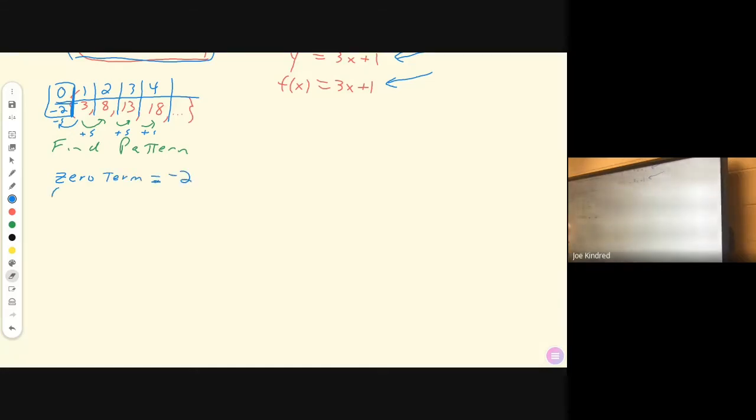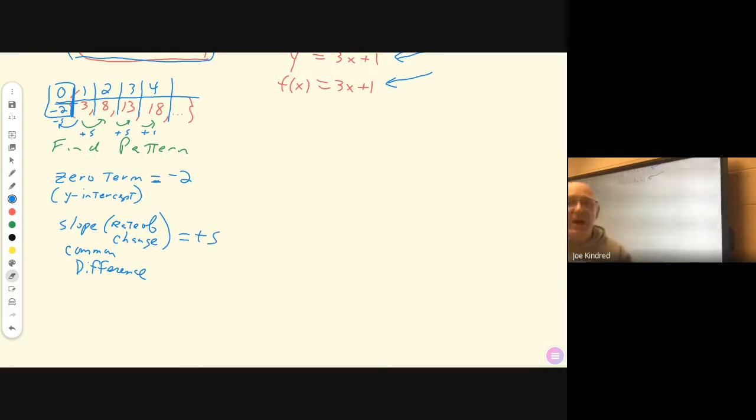This is also known as the y-intercept. We have the slope, or the rate of change, also known as, yes, the common difference. And that's equal to plus 5. With this information, we now can write the explicit and the recursive.